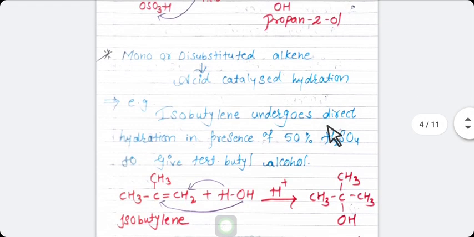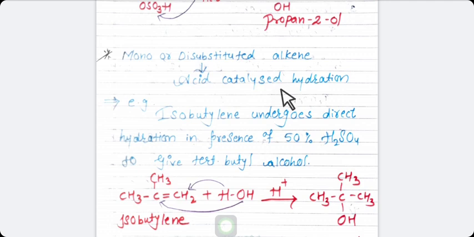Now some exceptional cases are there for mono or disubstituted alkenes. Mono and disubstituted alkenes undergo acid catalyzed hydration and give alcohol.